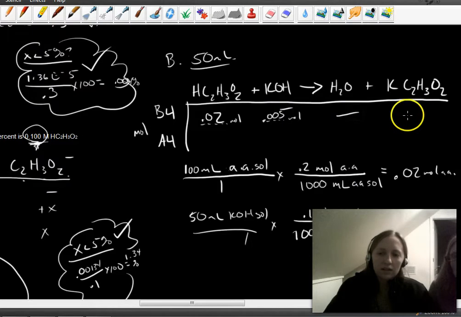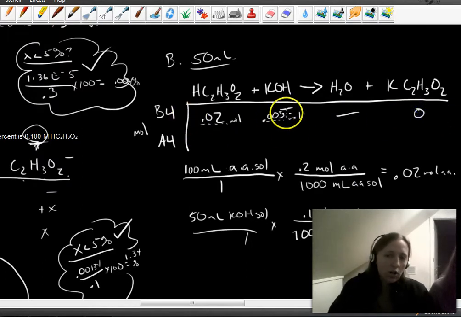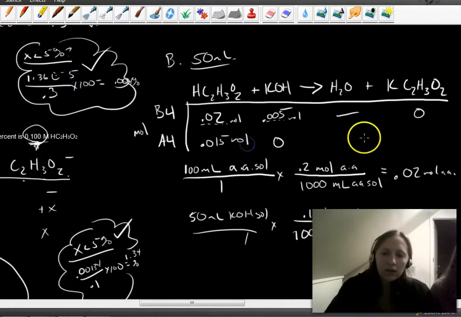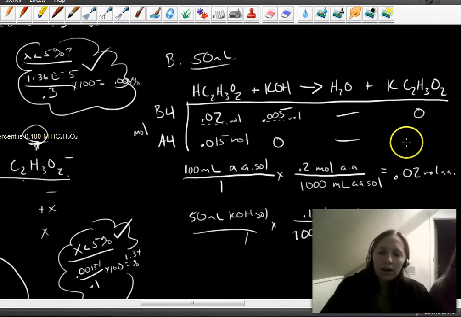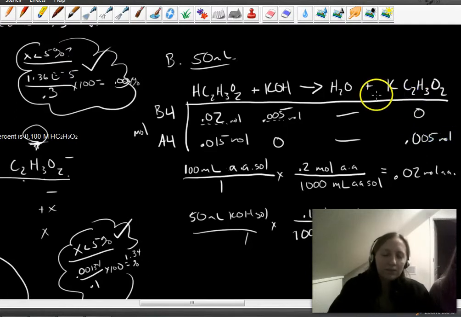None of this and 0 of this. That's before the reaction. After the reaction, all of this is gone, right? And 0.005 of this is gone, so that's going to leave us with 0.015 moles. And we don't care about water, and we have gained 0.005 moles of this.